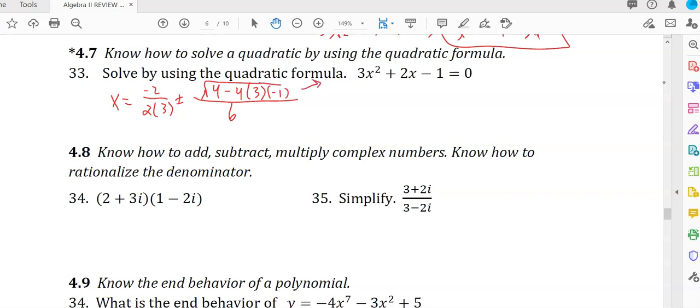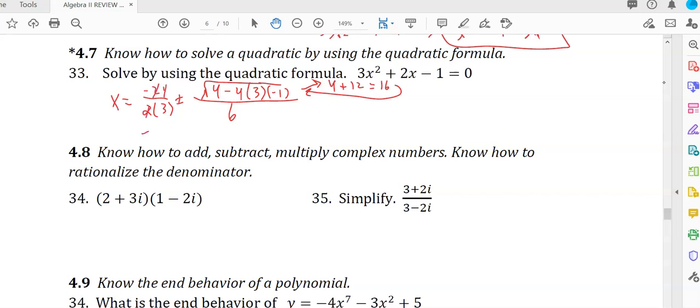If you do that off to the side, that's really 4 minus negative, so plus 3 times 4 is 12, which is 16. So that goes back in underneath there, which square root of 16 is 4. So we get, these by the way cancel.